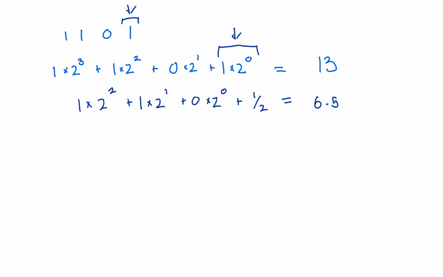Let's go ahead and simplify this side real quick, just to bring everything together. So we got 1 times 4 plus 2 plus 0. 4 plus 2 plus 0 will equal 6, plus 1/2 equals 6.5.